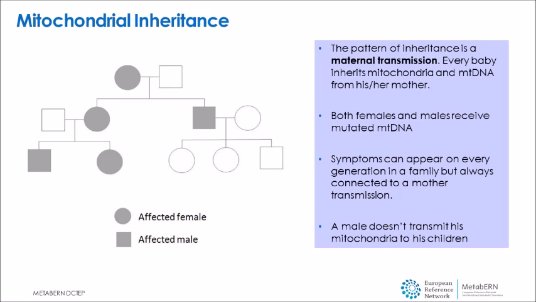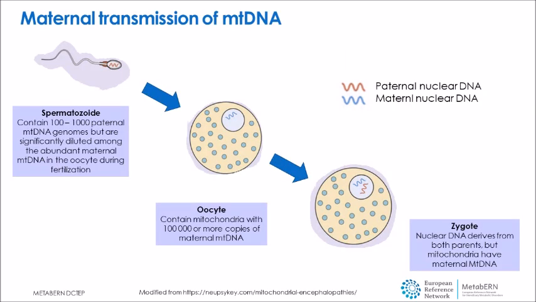Why is it like that? While male sperm contain 100,000 paternal mitochondrial DNA copies, these do not enter the oocyte, are degraded in the oocyte, or are significantly diluted among the abundant maternal mitochondrial DNA in the oocyte during fertilization.